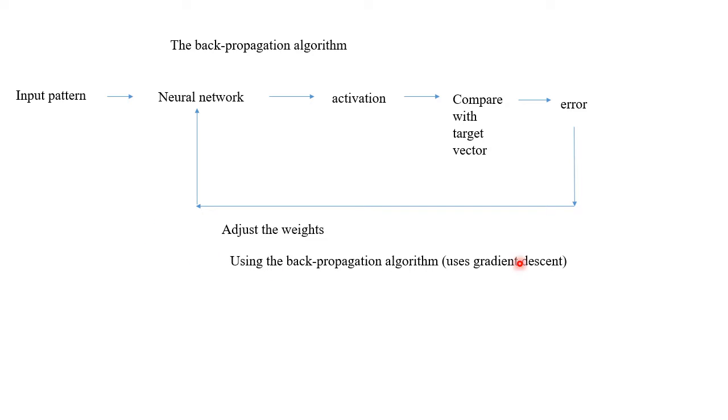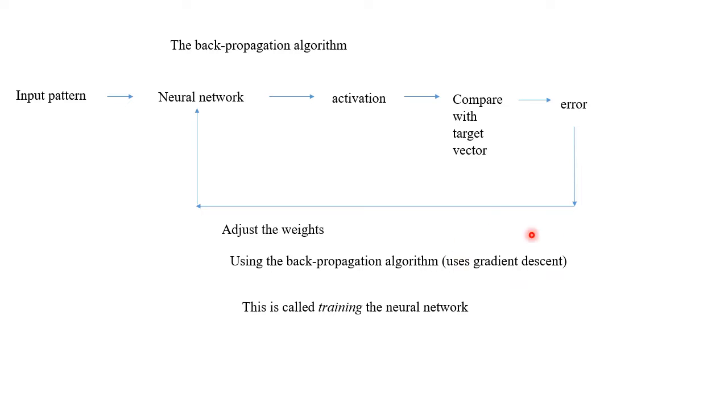And the engine behind the whole thing is gradient descent. And that process, that iterative process of taking the error and feeding it back into the neural network, adjusting the weights in a pro-rata fashion, is called training the neural network. The gradient descent process, which we'll talk about in some detail, is how it learns.